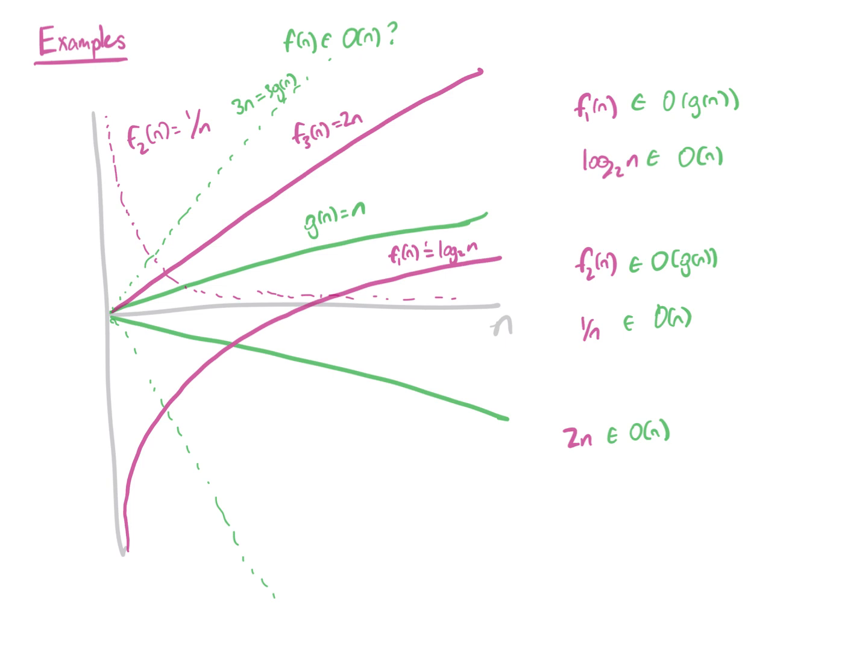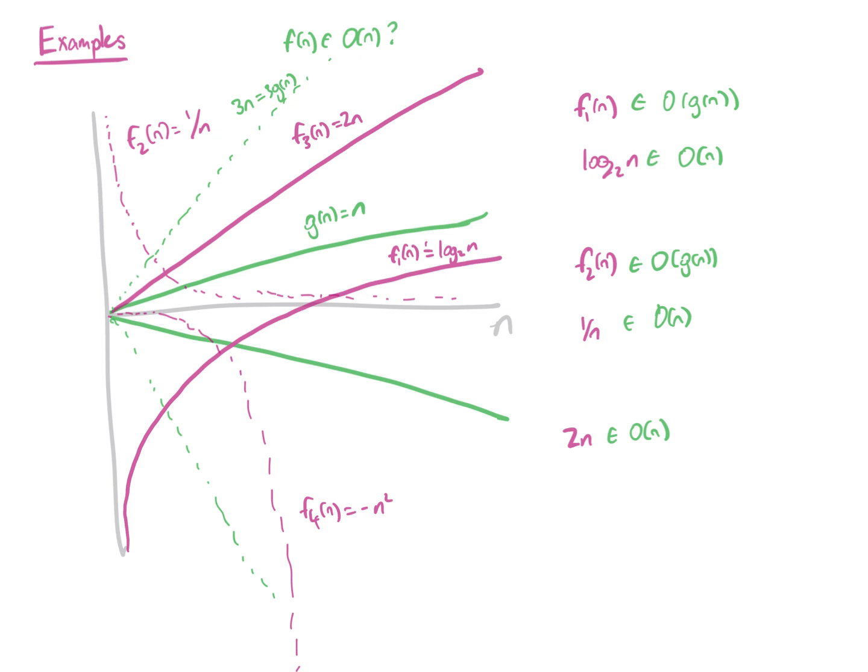On the other hand, one more just to get another sense for things. So here's one more function. This is the function f4 of n, which is equal to minus n squared. This function is not going to stay inside any such cone. No matter how big a constant I scale by, I'm not going to be able to keep this function inside the straight line cone.